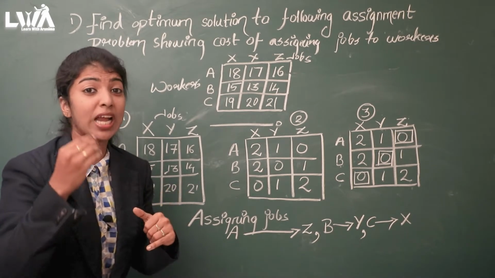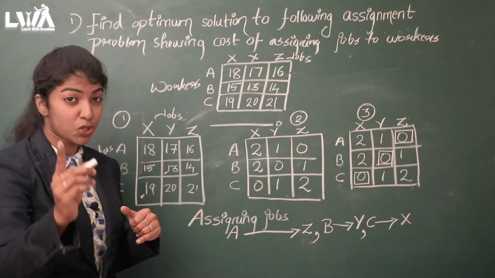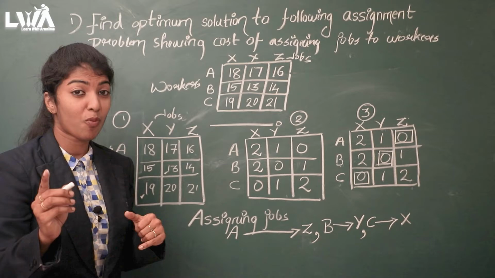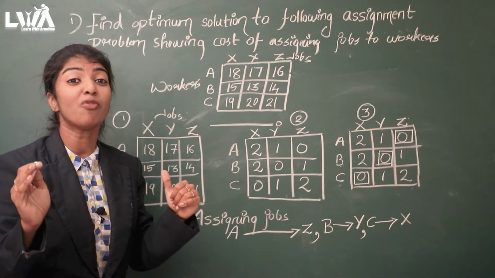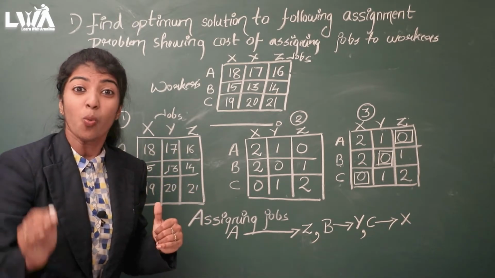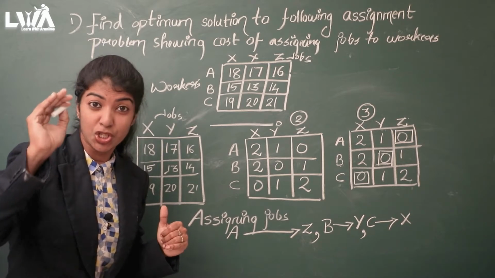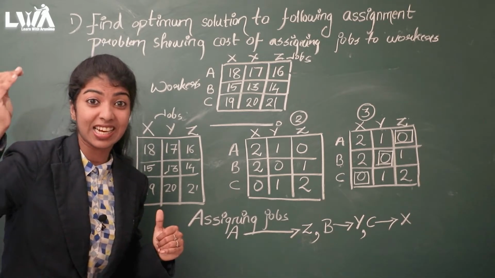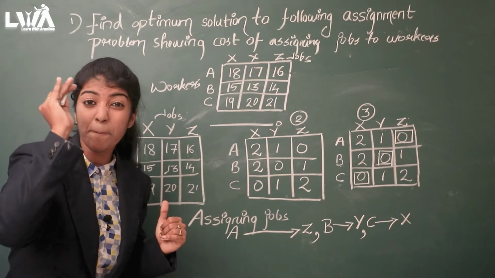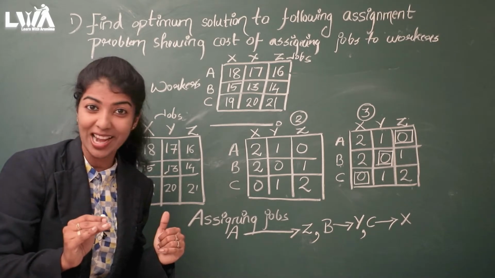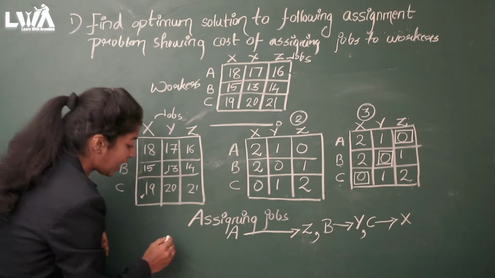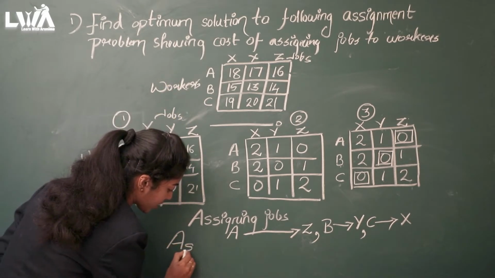Now we have to find one more thing. I told you earlier what the objective of an assignment problem is. We have to assign jobs to workers and the condition is it should be at minimum cost, right? So what is the assigning cost?